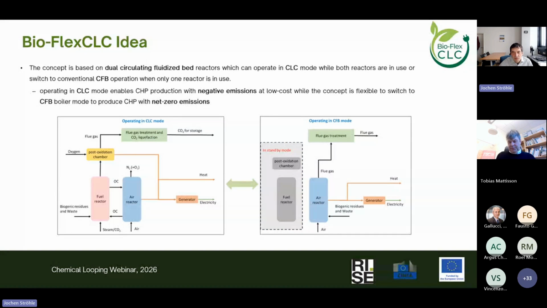And then in operation modes and time periods when CO2 storage or transport or whatever is at the moment not feasible, or from an economic point of view not positive, then we can switch to CFB.